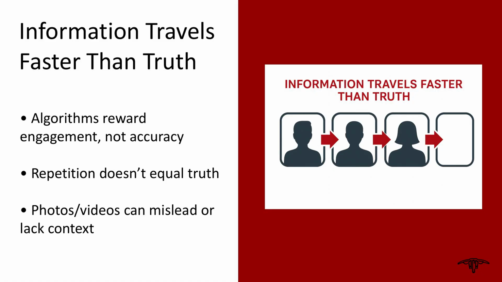And so the piece for you is repetition. Seeing it multiple times or multiple people sharing it doesn't necessarily mean it's true. It just means multiple people might be mistaken. It could be true, but not always. And so the other piece of it is think about the things that go viral. There's a million different definitions. We're not going to get into what viral really means, but think about the things that go viral.